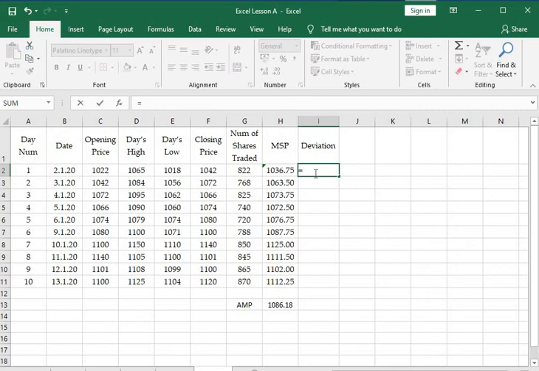Here I'll have to use an absolute cell reference, because every time I want H13 to remain H13 for whichever cell I subtract from it. So $H$13 minus H2, right?